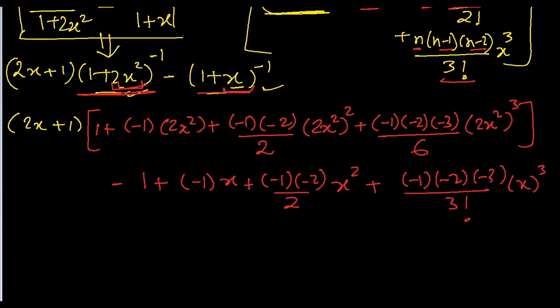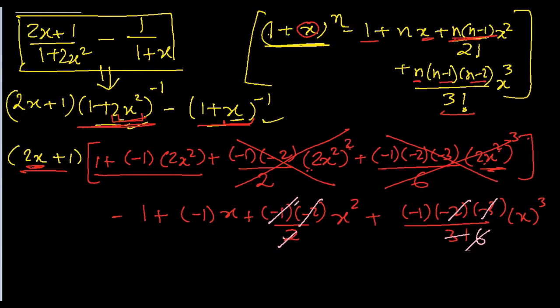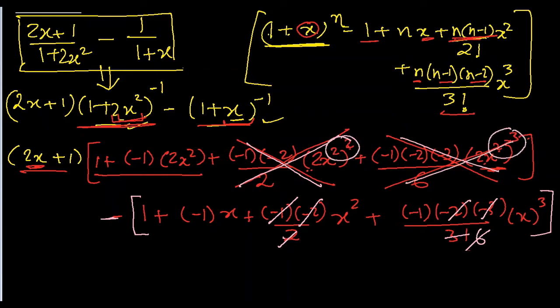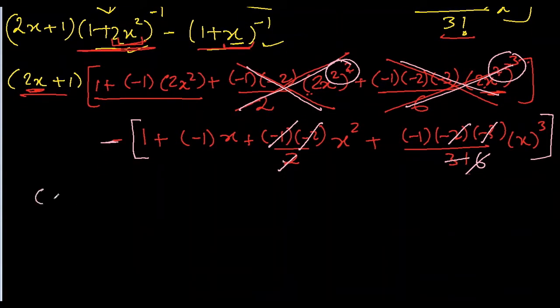They said we have to write up to x cube, and that's why I'm writing up to x cube only. I have cancelled these out because they will simplify things. I have to put a bracket here so that this minus affects everything. I have cancelled out these terms as well. Why? Because this will give us x to the power 4, this will give us x to the power 6, which we don't want. We want up to x cube only. So let's make it simpler.